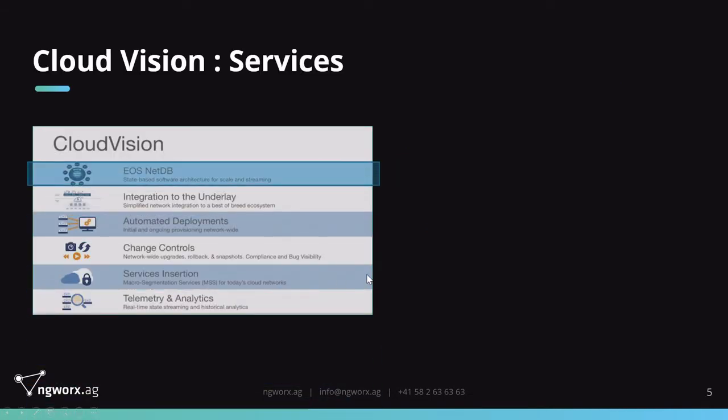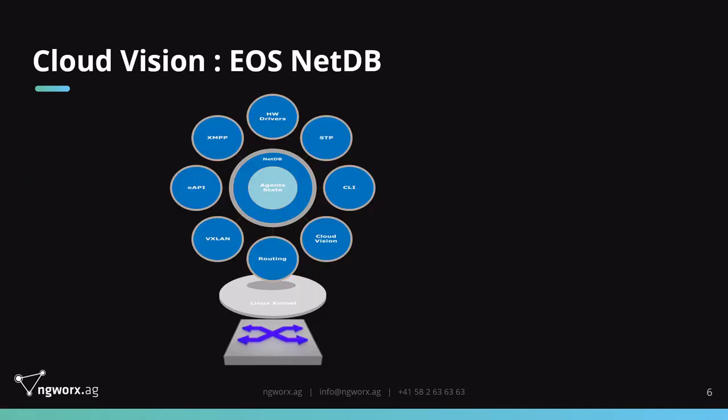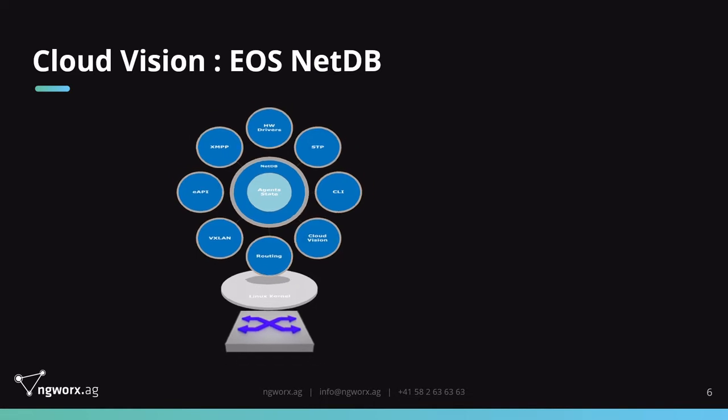Let's take a closer look at EOS and the NetDB concept. In this picture, we have one Arista switch with its EOS operating system running on top. We can see the Linux core, the various processes running on the switch, and the NetDB repository providing both the processes status and their configuration.